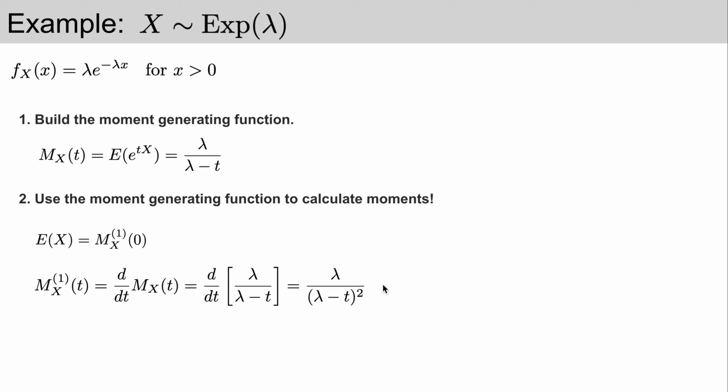As an aside, not to worry too much about this particular calculus, how I got from this step to this step. It's not the main point here. Next, now that we've calculated the first derivative, we can plug in 0 for t. Doing so, we've proved that an exponential random variable with rate lambda has an expected value of lambda divided by lambda minus 0 squared, or just 1 divided by lambda.